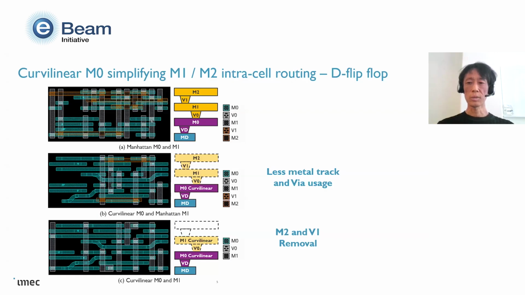In this case, routing becomes sufficiently efficient that the metal 2 layer and V1 via can be completely eliminated. This example demonstrates how curvilinear routing can reduce routing resources, simplify the interconnect structures, and potentially improve both area efficiency and electrical performance.